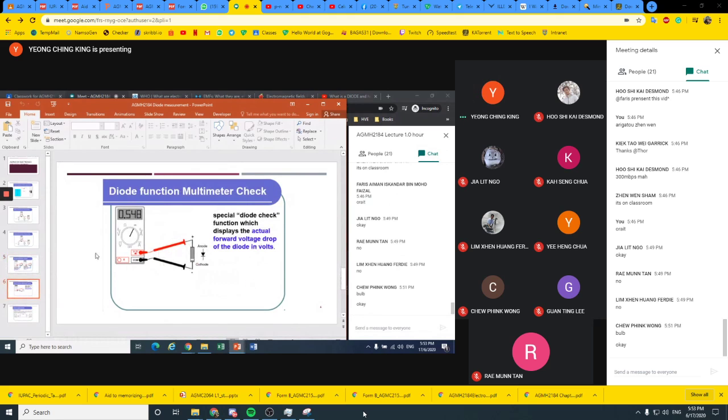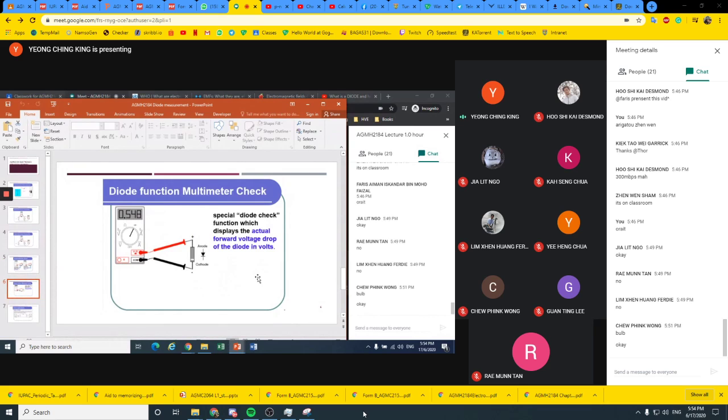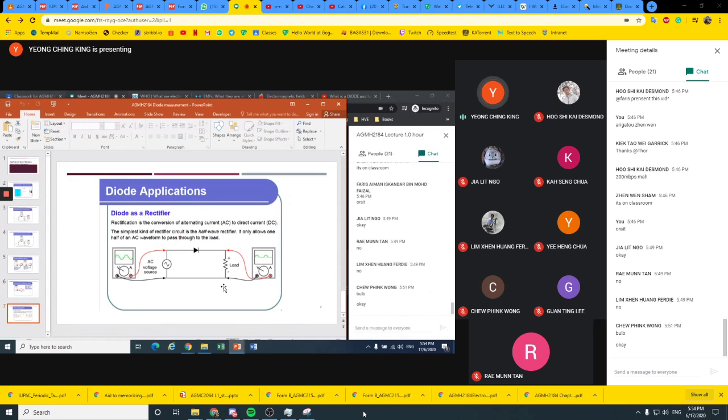And this one is a special diode check function which displays the actual forward voltage drop of the diode in volts. Of course, this one has to be used with the multimeter. If at home at this time you cannot do the hardware practical, you will just do the simulation. This is for chapter 2, where the diode is used as a rectifier to rectify the voltage like this.